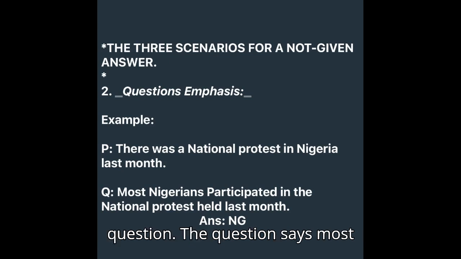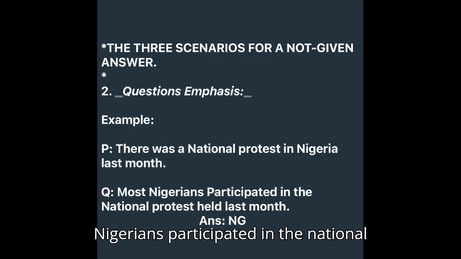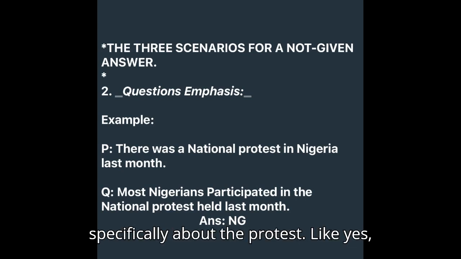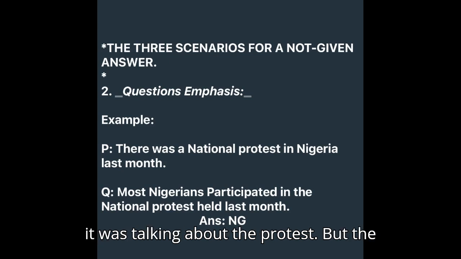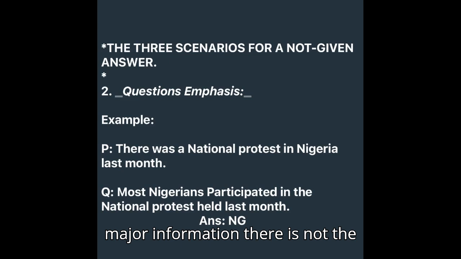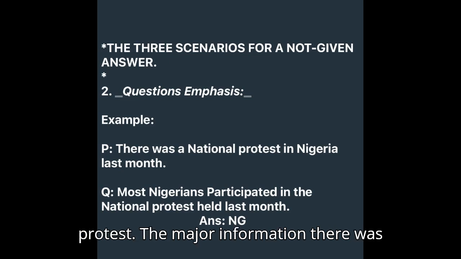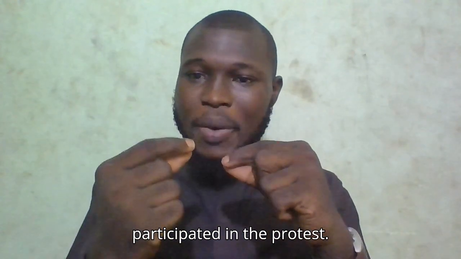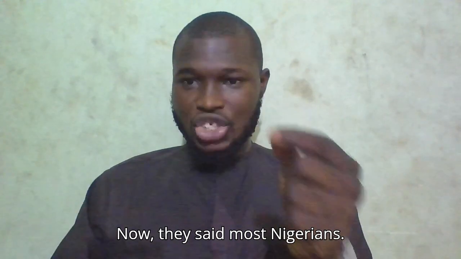Now look at the question. The question says most Nigerians participated in the national protest held last month. Now this is no longer pointing specifically at the protest. Yes, it was talking about the protest, but the major information there is not the protest. The major information there was the number of people that participated in the protest. Now they said most Nigerians.